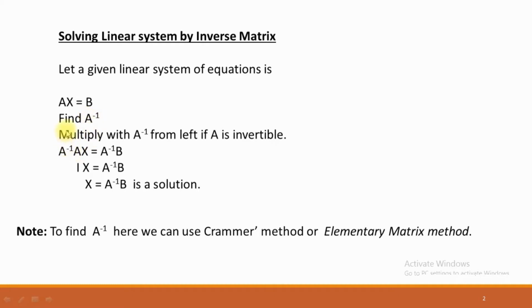Then we obtain A inverse A X = A inverse B. Since from the definition of the multiplicative inverse of matrix A, we know that A inverse A is equal to identity, so identity times X is equal to A inverse times B. The identity matrix multiplied by the X matrix is equal to A inverse multiplied by the B matrix, and this gives X = A inverse B, and this matrix X is the solution of the given linear equations.